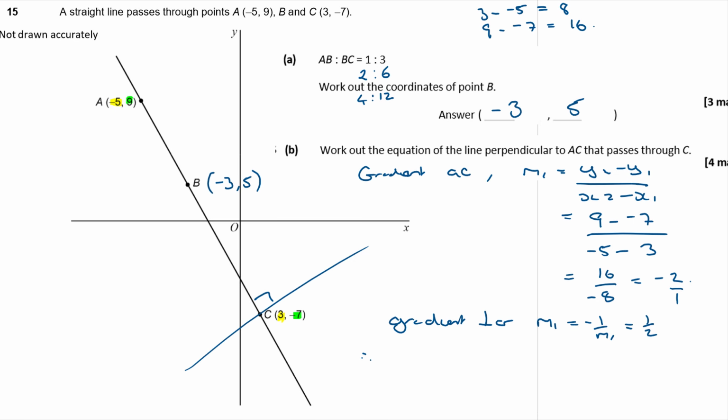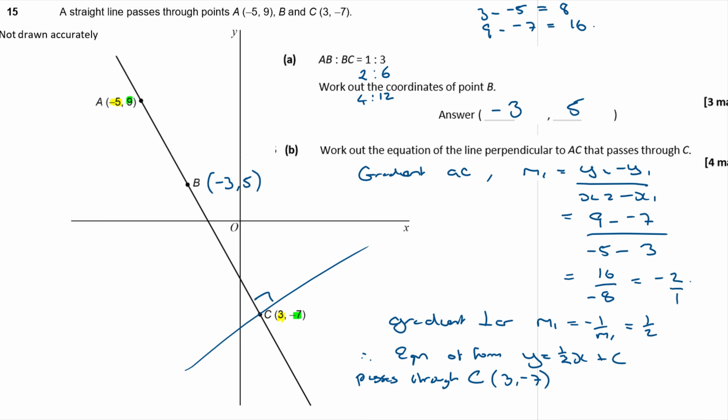So therefore, the equation is going to be of the form y equals mx plus c, where we know that the gradient is a half. So y equals a half x plus c, and we know it passes through the point C, which has coordinates 3, minus 7. So if we sub those into our partial equation, it should be able to tell us what c is, and we can complete the equation.